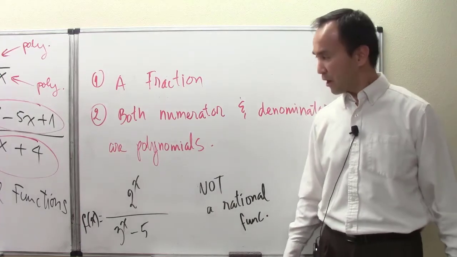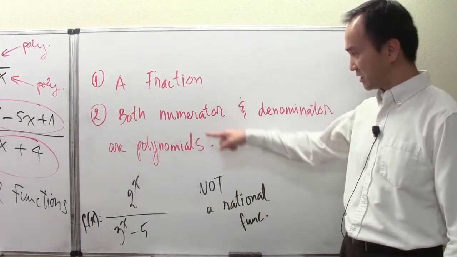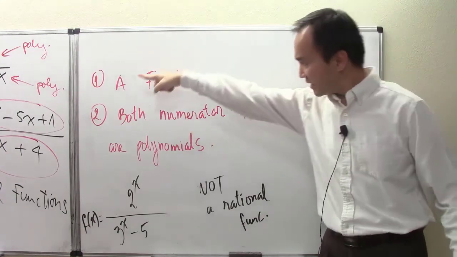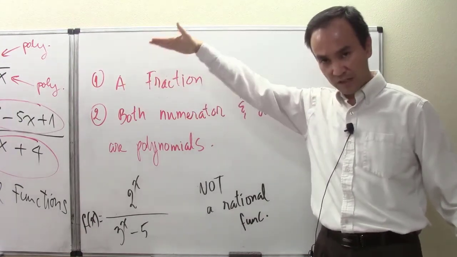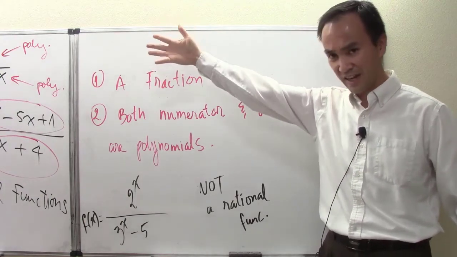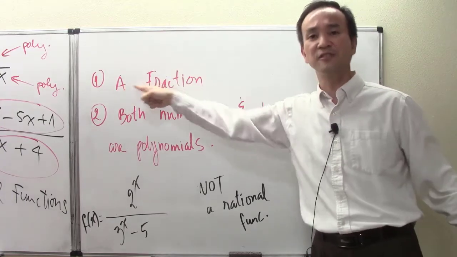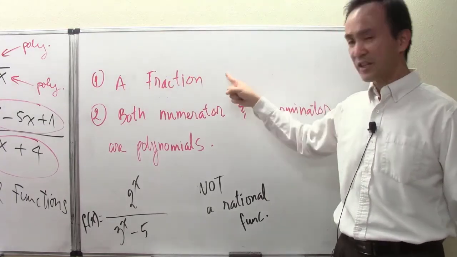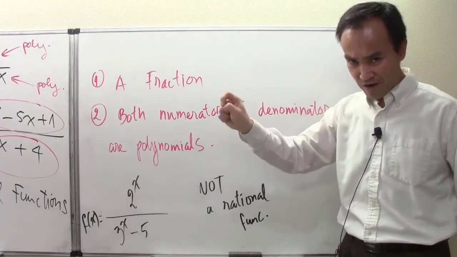All right, so I brought up a few quick examples here. The second requirement: a lot of times, admittedly, what catches our attention first when looking at a rational function is that it has a fraction nature. That should be feature number one to keep in mind.